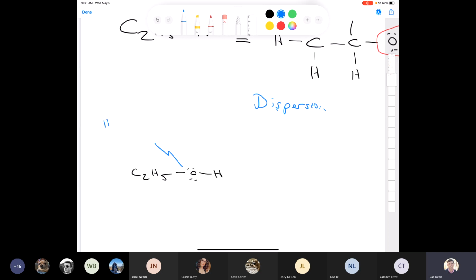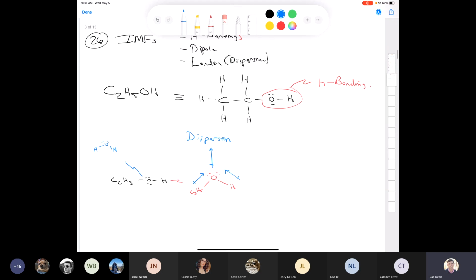Just like in water, that forms a bent geometry, and this molecule is going to do the same thing, right? You're going to have the oxygen with the 2 lone pairs, a hydrogen down here, and then the C2H5 or ethyl group here. So that means we've got a dipole going this way and a dipole going that way, which produces this resultant dipole. And so we also have dipole-dipole forces.